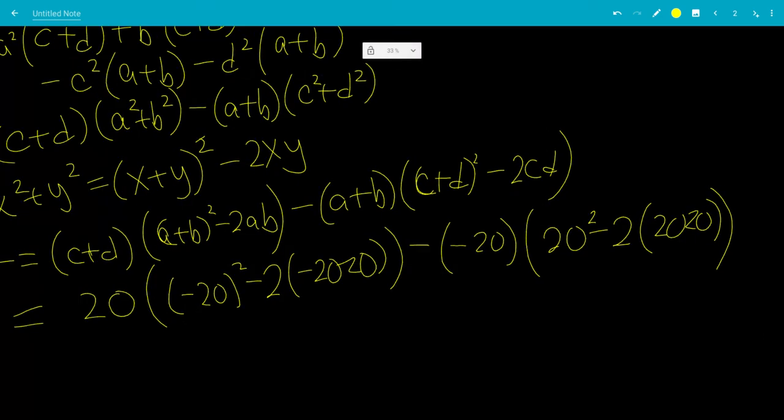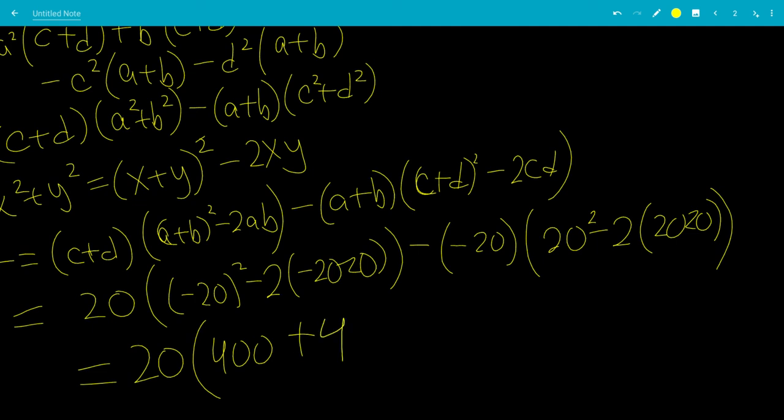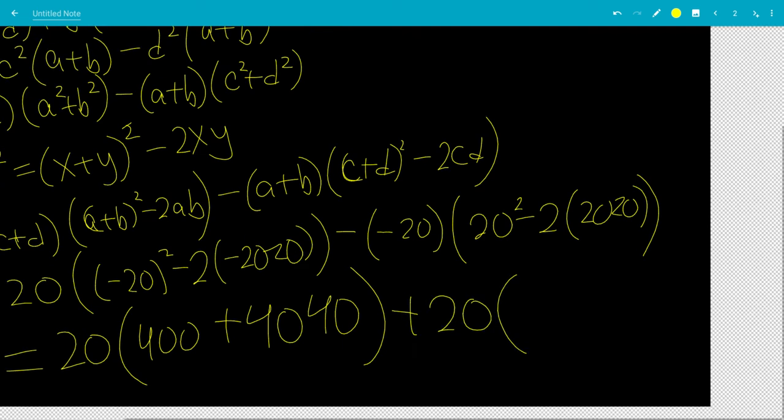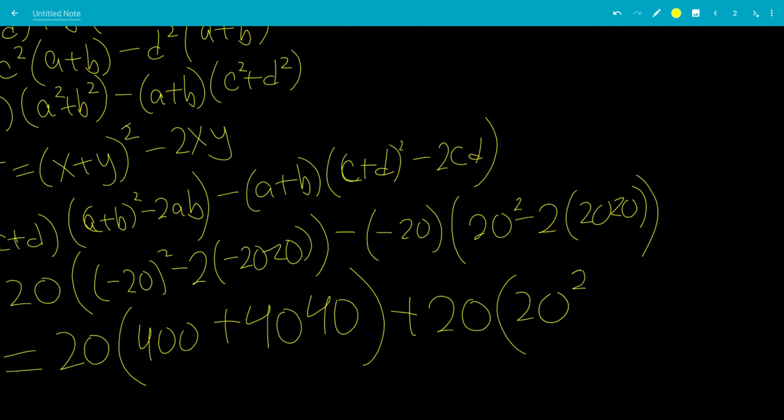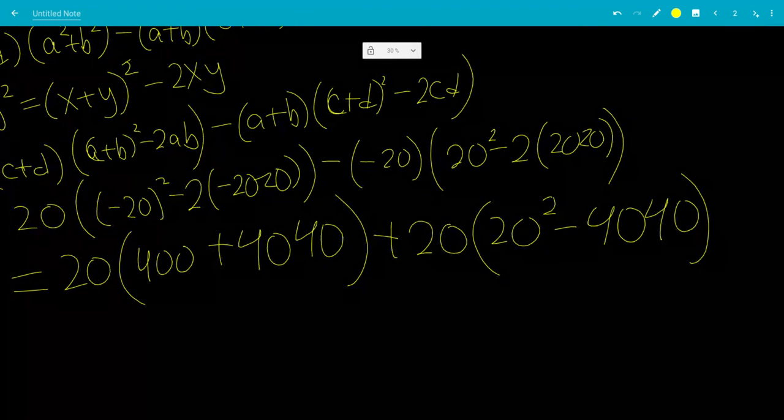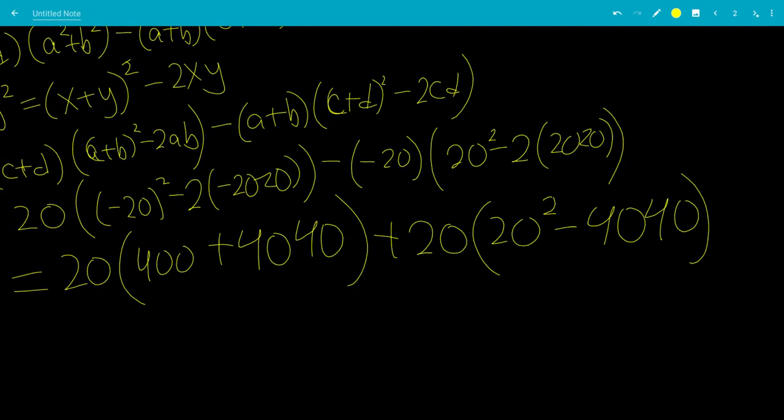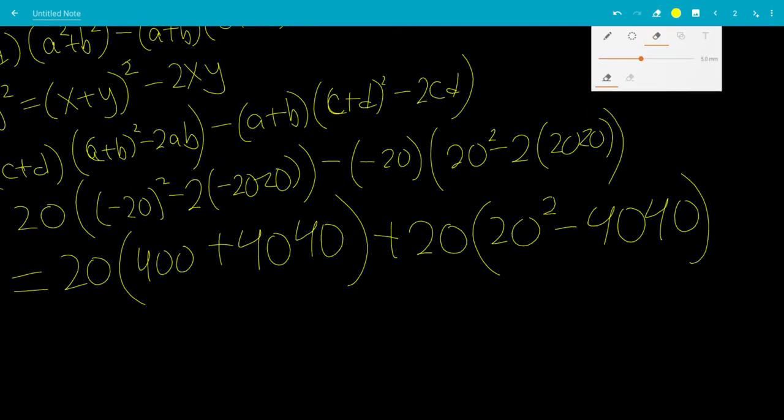Okay. So this is 20 times 400 plus 4,040. Subtract, we're going to add it with 20 times 20 squared minus 4,040. And 20 squared is 400.